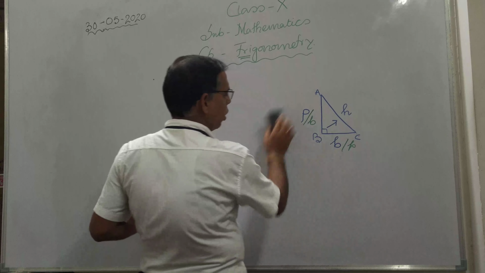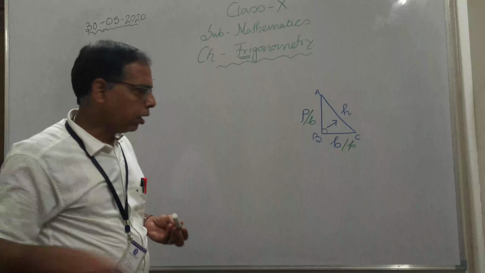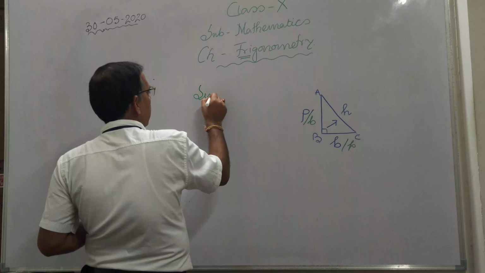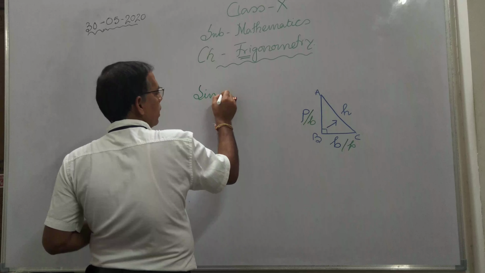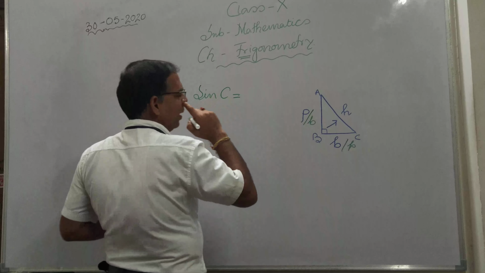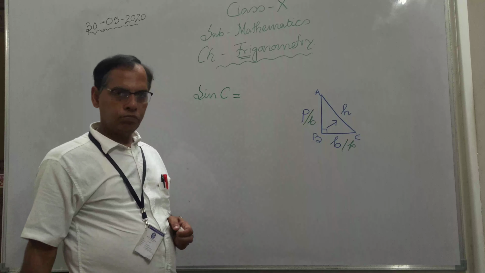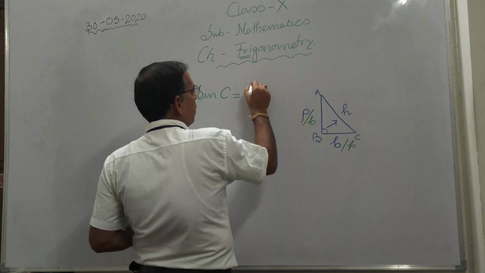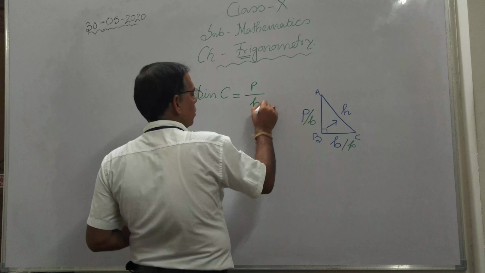Suppose this is your right angle triangle. Okay? So first is sine. Suppose sine C. Sine C equals perpendicular by hypotenuse.